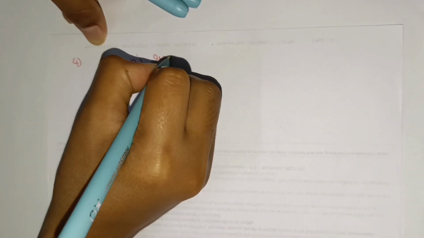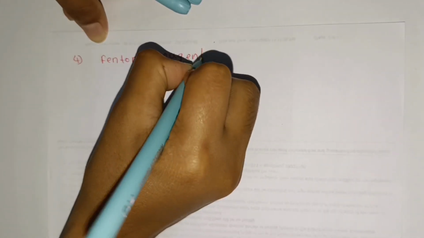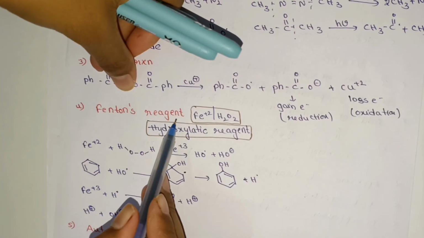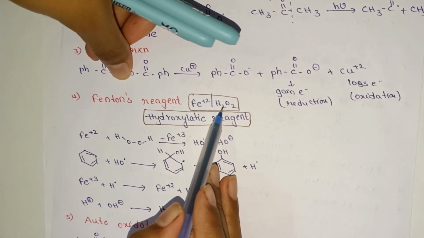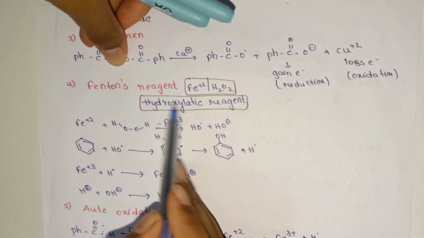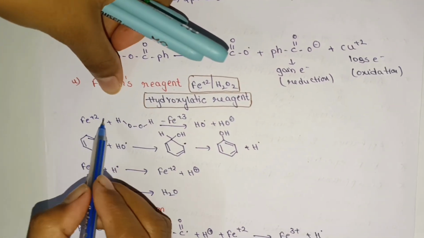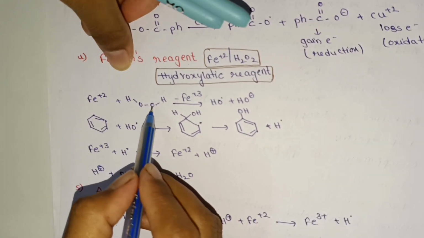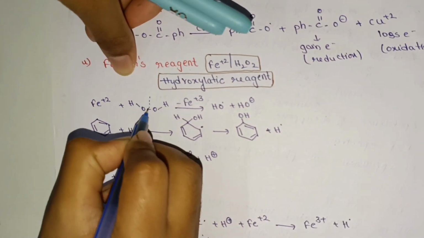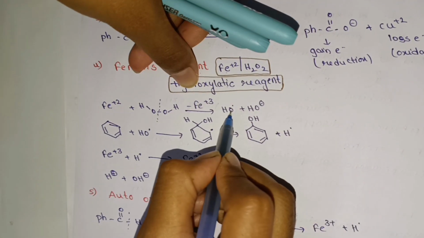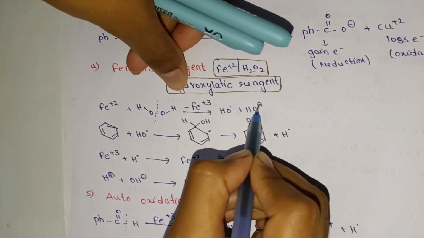The fourth one is Fenton's reagent. Here Fenton's reagent is Fe2+ in the presence of hydrogen peroxide. This is a hydroxylating reagent. Fe2+ reacts with hydrogen peroxide and the bond breaks like this. It forms a free radical and an anion.